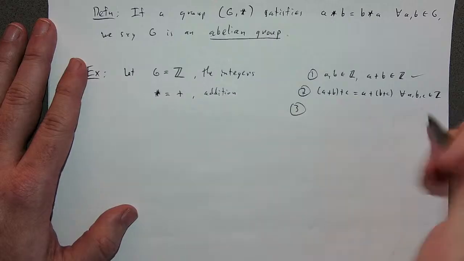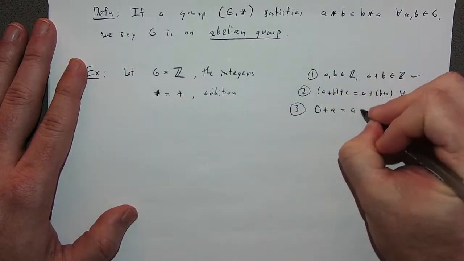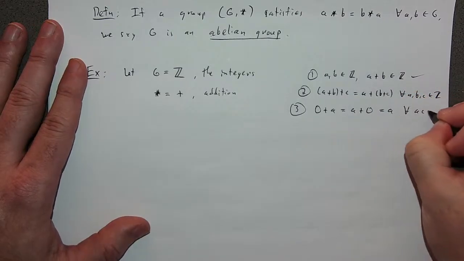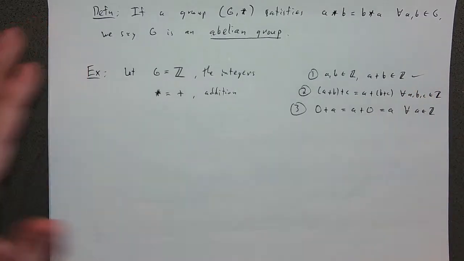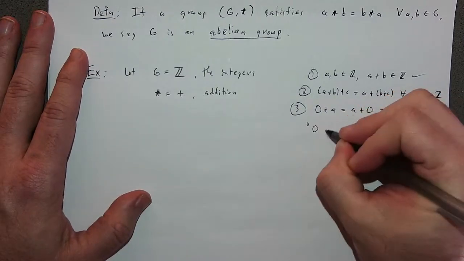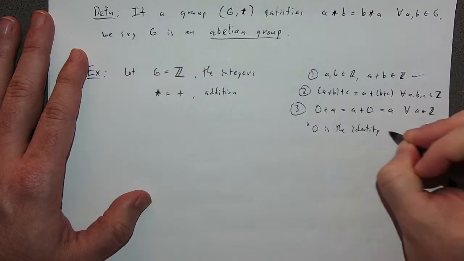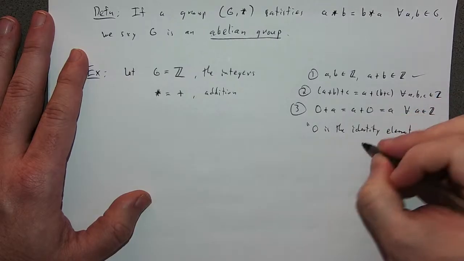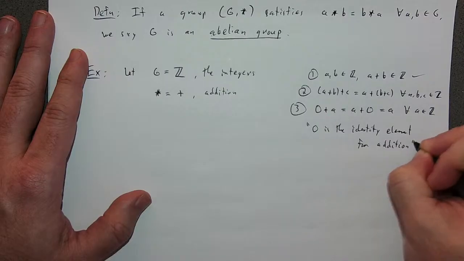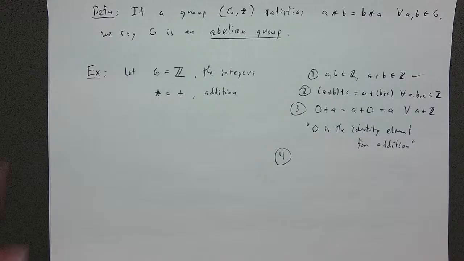Do we have an identity element? 0 plus an integer is the same thing as that integer plus 0, which is just the integer itself for all integers. So 0 is the additive identity. It's the identity element for addition. And then lastly, inverses.